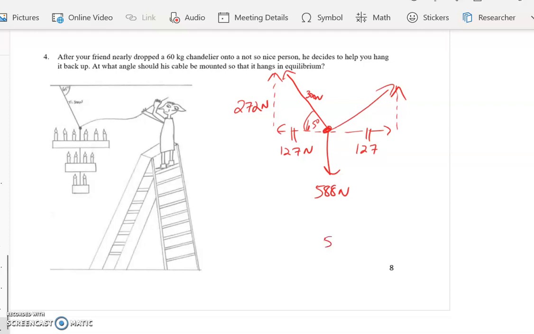We can take our 588 and subtract the 272, so we can find the y component of this other rope. So that's 316 newtons. And then solve for theta using inverse tangent, because tangent of that angle is going to be 316 over 127. So inverse tangent of that is 68.1 degrees.